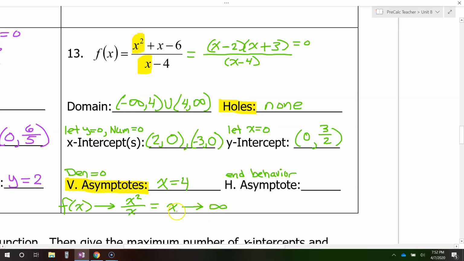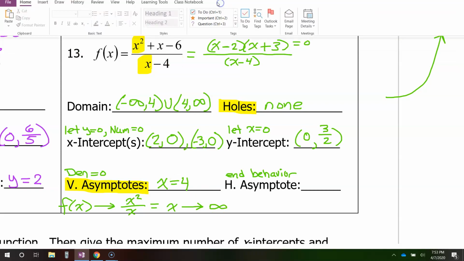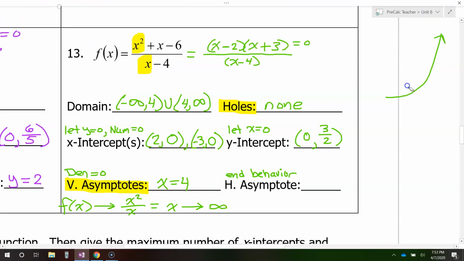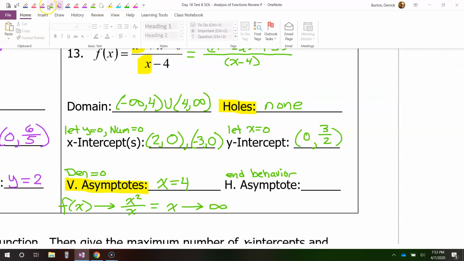X just gets bigger and bigger and bigger. It just approaches infinity. So this would mean that the graph just goes up into the air. So that is not an asymptote. If this had been a constant like 0 or 2, then that would have been the horizontal asymptote. But in this case, we will just say none.